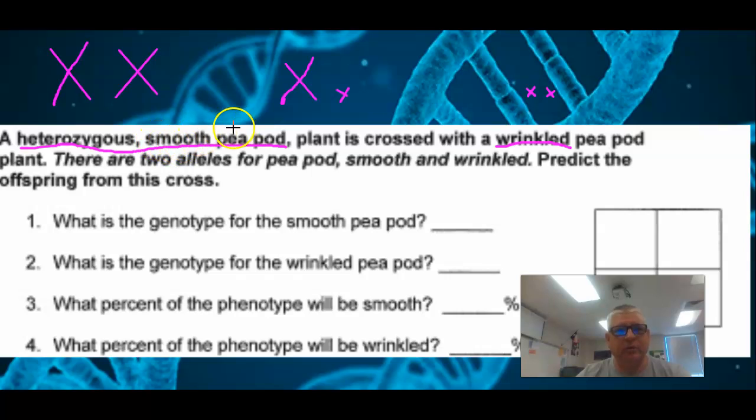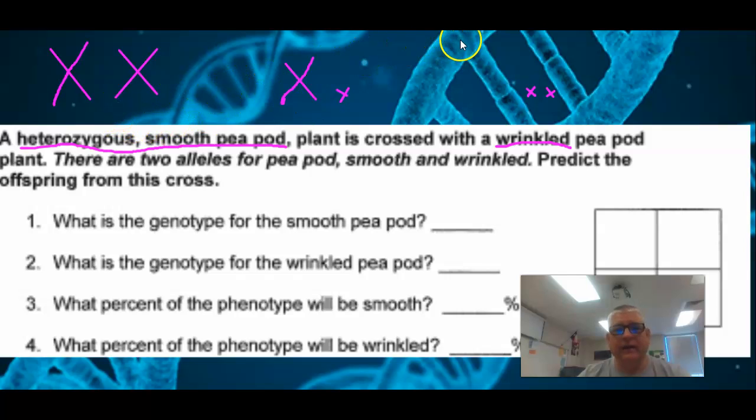Heterozygous smooth. So if it is smooth and it's showing up and it has a dominant and recessive, well, what is the dominant trait? It has to be smooth because you have one dominant, one recessive. Okay? Now, so let's look at this.